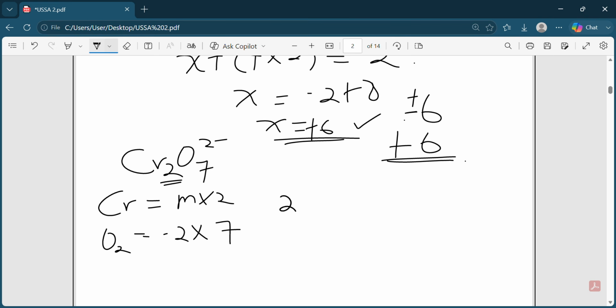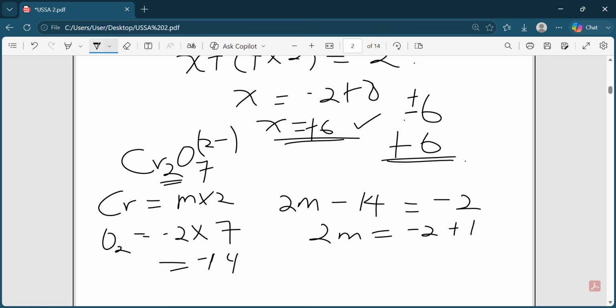So we shall have 2M minus 14, which is got from here, and we shall equate it to -2. So 2M is equal to -2 plus 14, and 2M is equal to 12, and M is going to be +6.